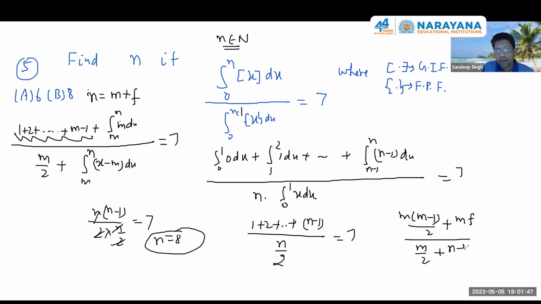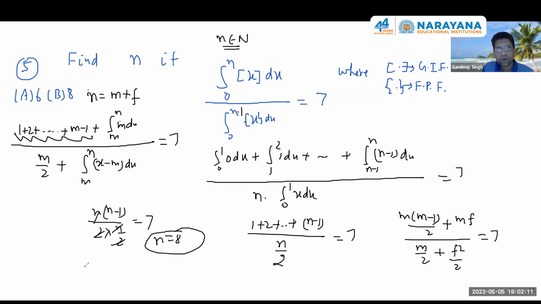I think it will be n minus m square by 2. Correct me if I'm wrong, right? है ना? और n minus m को मैं क्या लिख दूं? f ही लिख दूं, f square by 2. n minus m is f only, no? Are you getting the point?